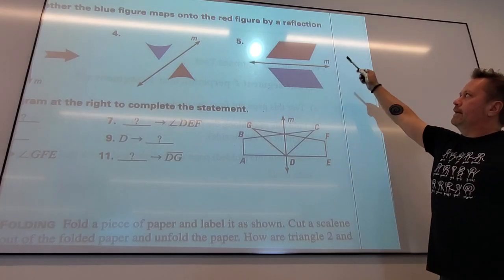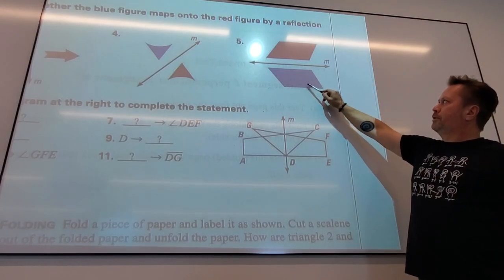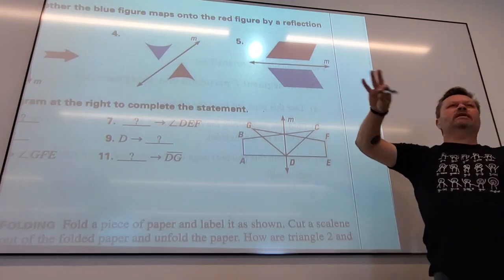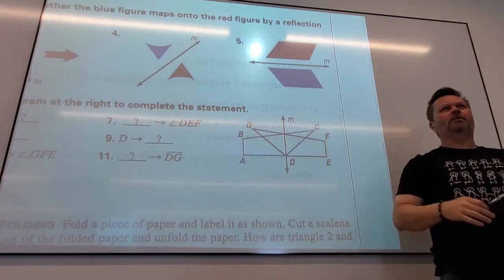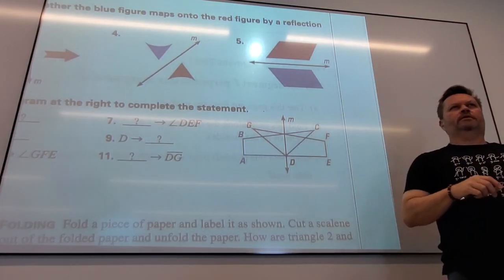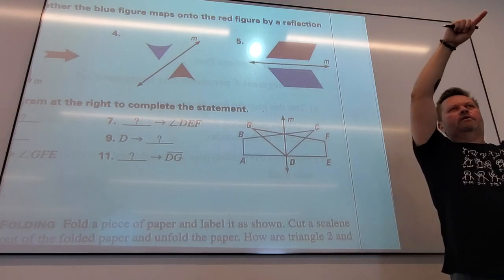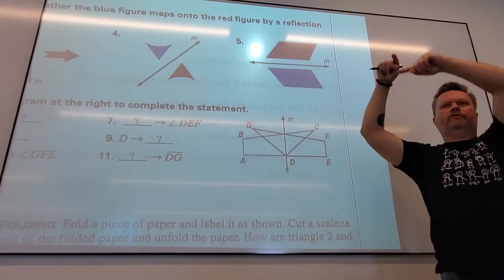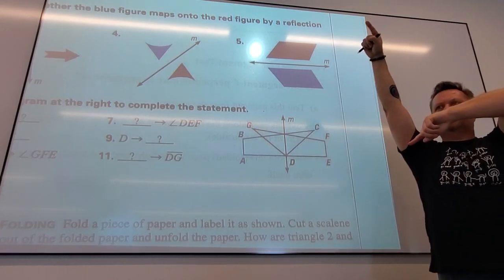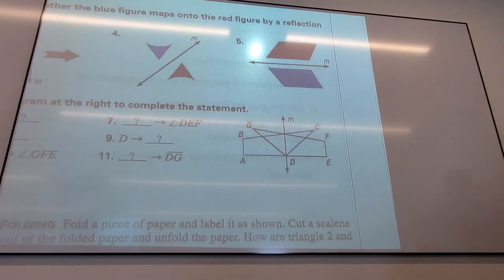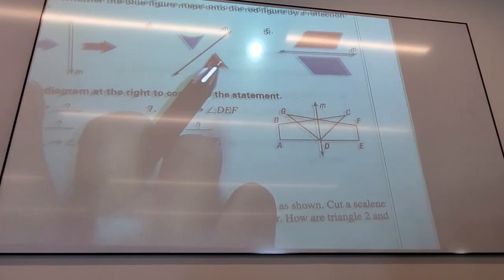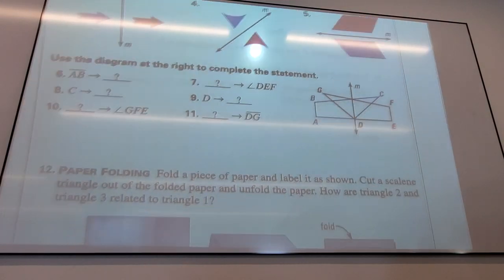But we're just trying to get the idea. Like, if somebody said, well, the blue one's a little bit bigger than the red one, that's maybe not, I don't know. No. The main idea is just how far is every important aspect from the mirror. Is it equidistant on both sides?